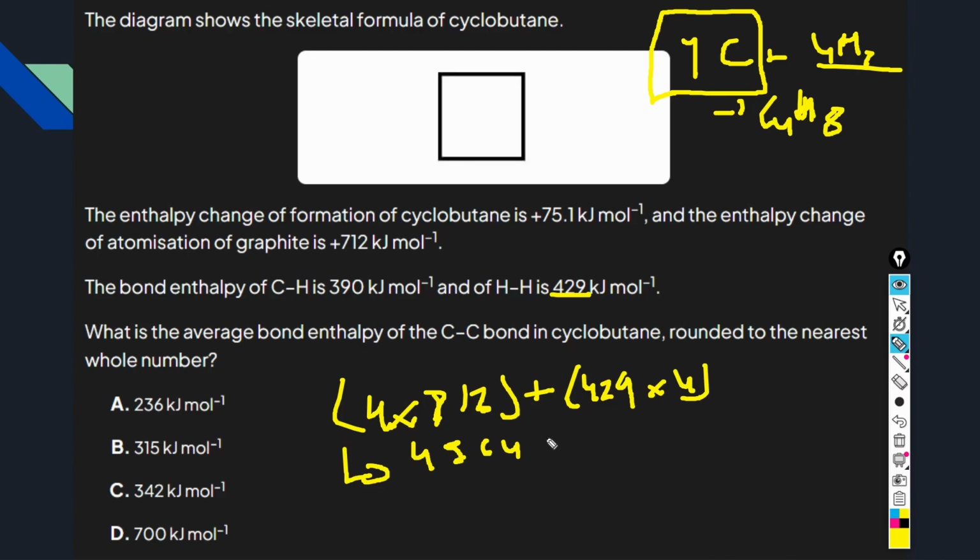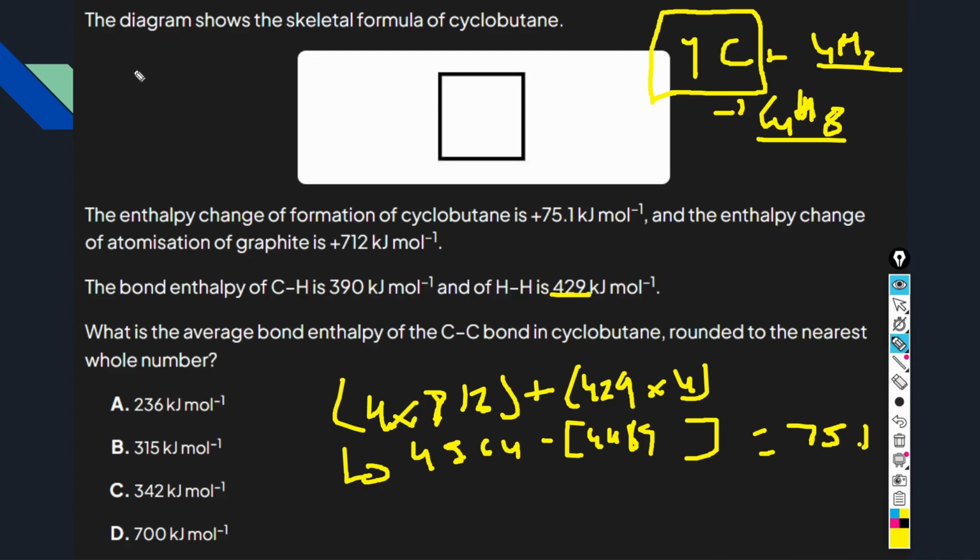And we know that minus some amount of energy to make this molecule will give us a net total of 75.1. So the amount of energy released by these molecules is 4489, rounded.